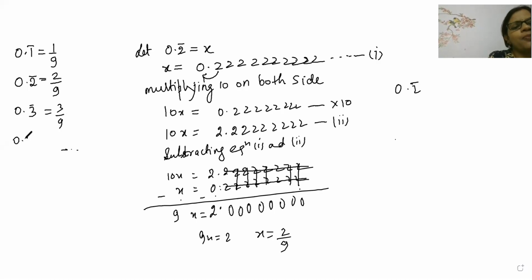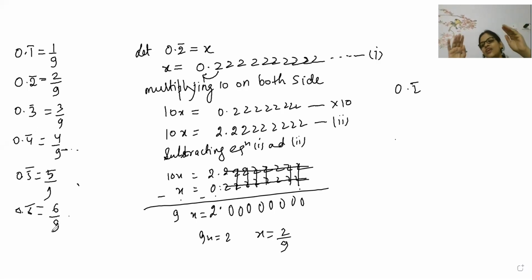That 0.4 bar will be very tough for you. Tell me. 0.4 bar, correct, 4 by 9, absolutely correct. Very good. 0.5 bar will be what answer? 5 by 9. Super, fantabulous work. 0.6 bar, what will be the answer?